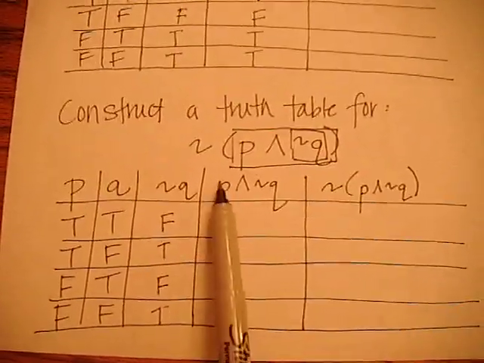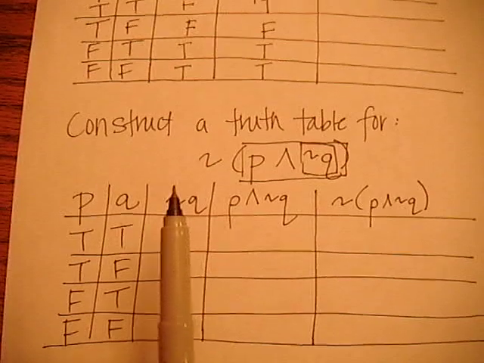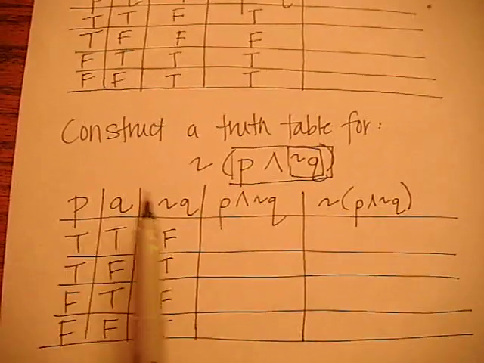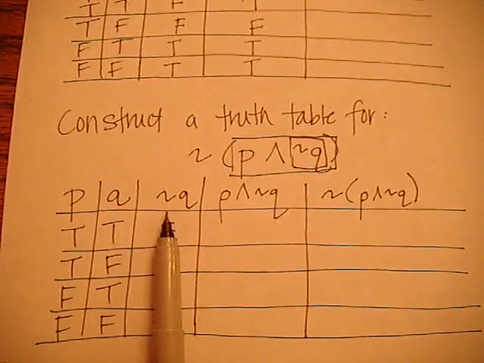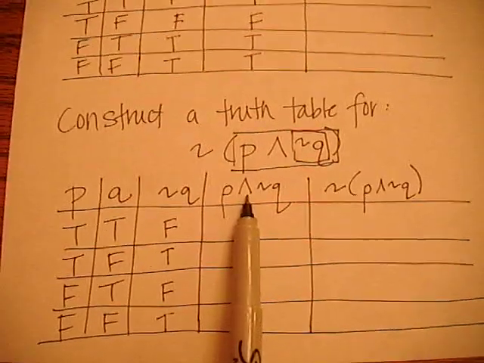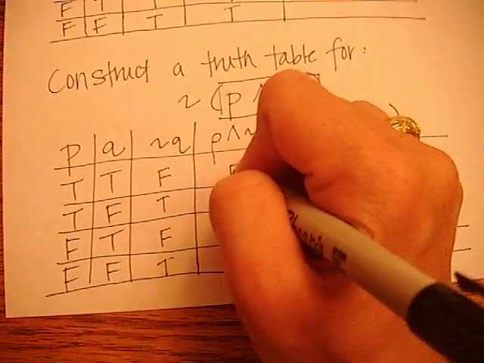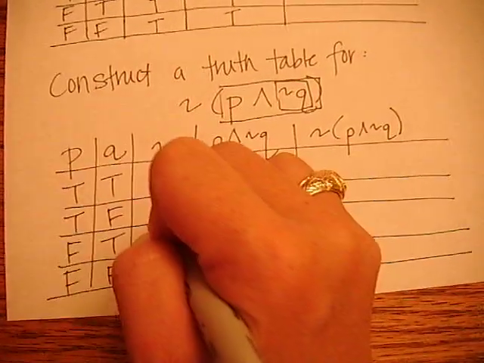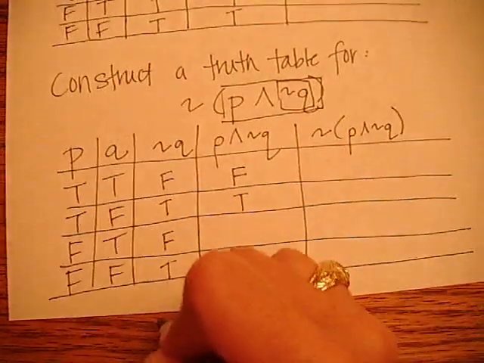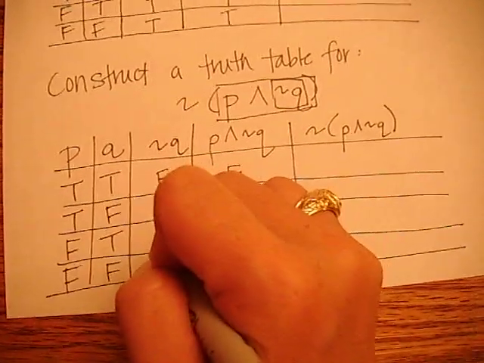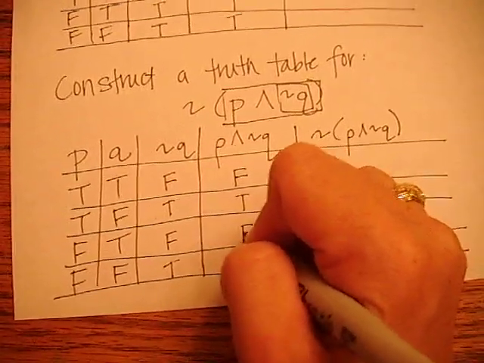Alright, for P and not Q, we're going to look at the P column and the not Q column, and we'll use the rule for and. So, true and false is false. True and true is true. False and false is false.